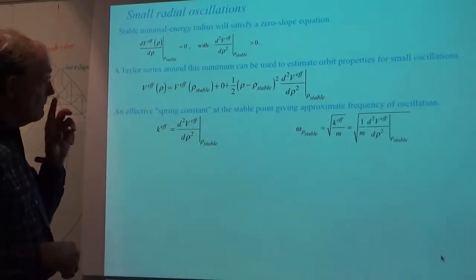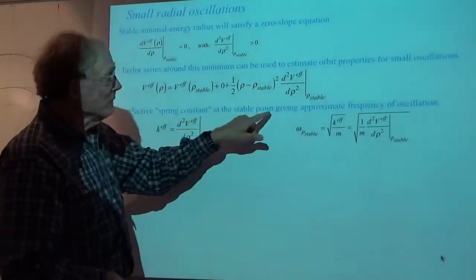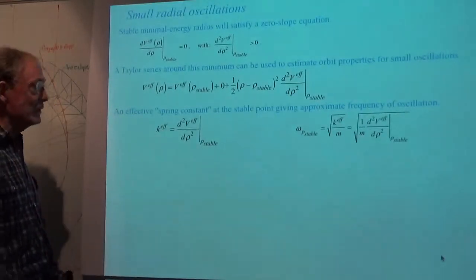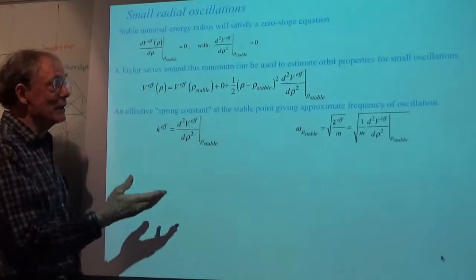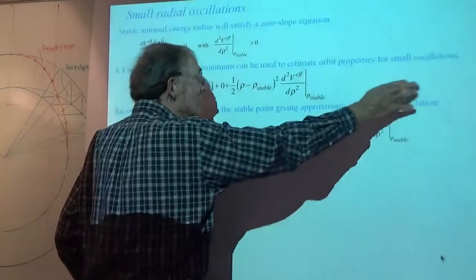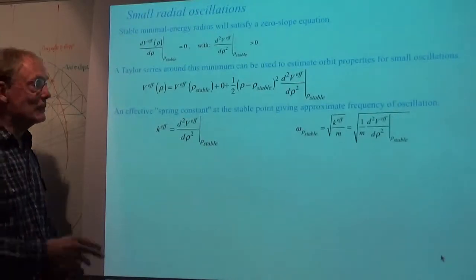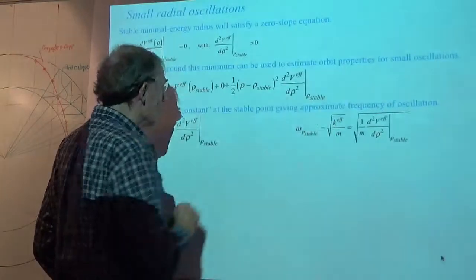So what we're going to come up with is an effective spring constant at the stable point. Okay, it's K effective for the pseudo-oscillator, pseudo-harmonic oscillator, pseudo because it has terms that are waiting to destroy all this, but we're presuming that we're close enough to rho stable that they can be ignored.